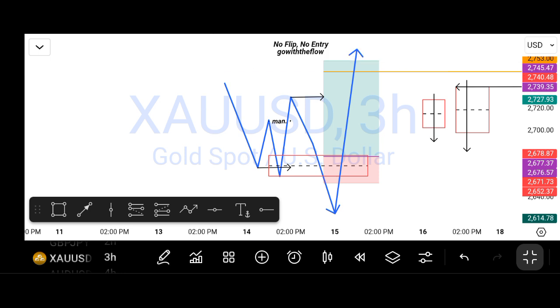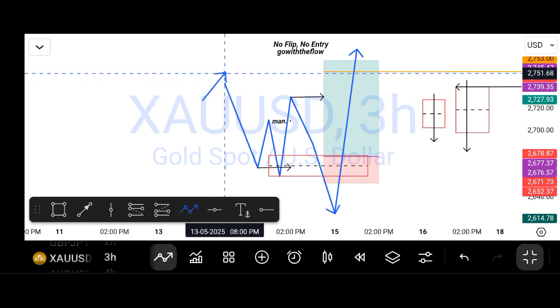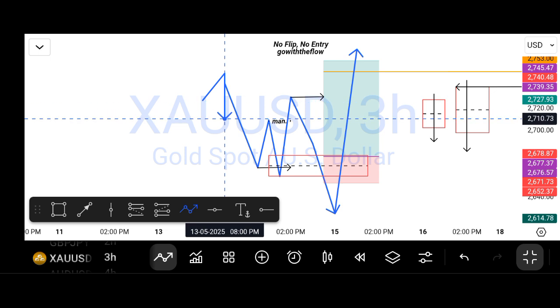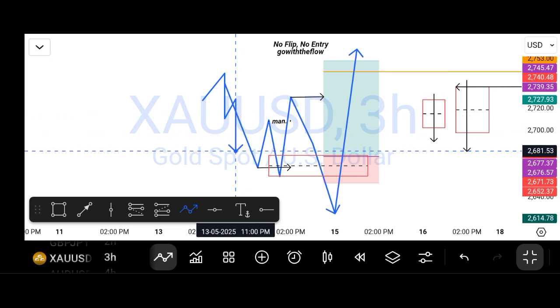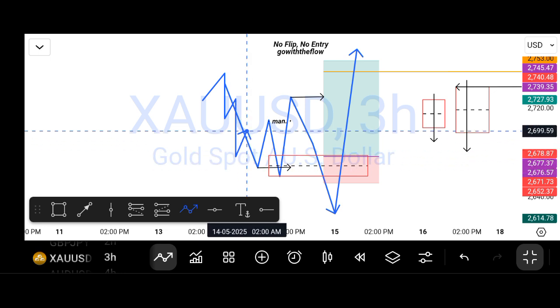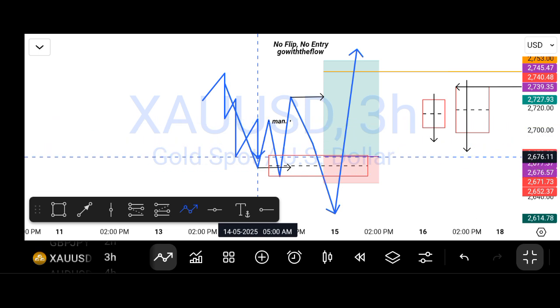Once price is coming down from that range high, what you will be seeing is lower high, lower low, lower high, lower low, lower high, right? Lower high, then lower low. Price will now sweep.